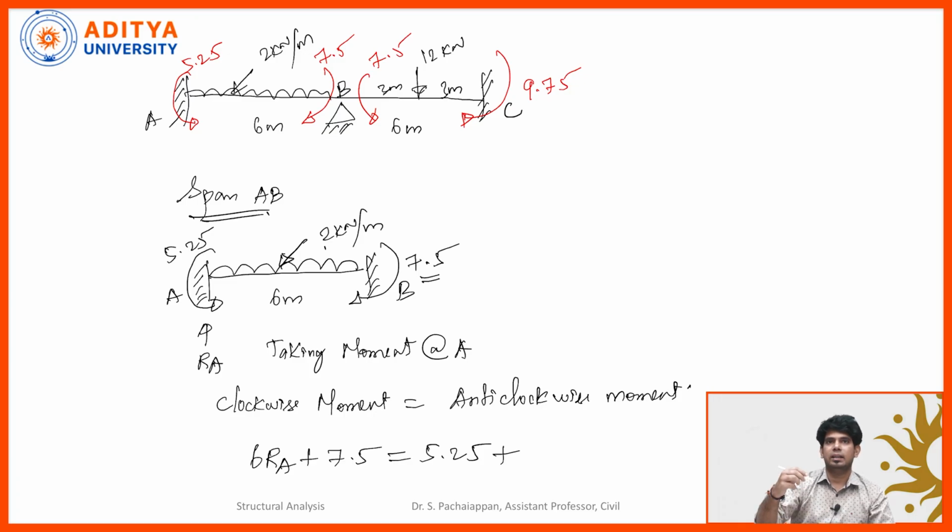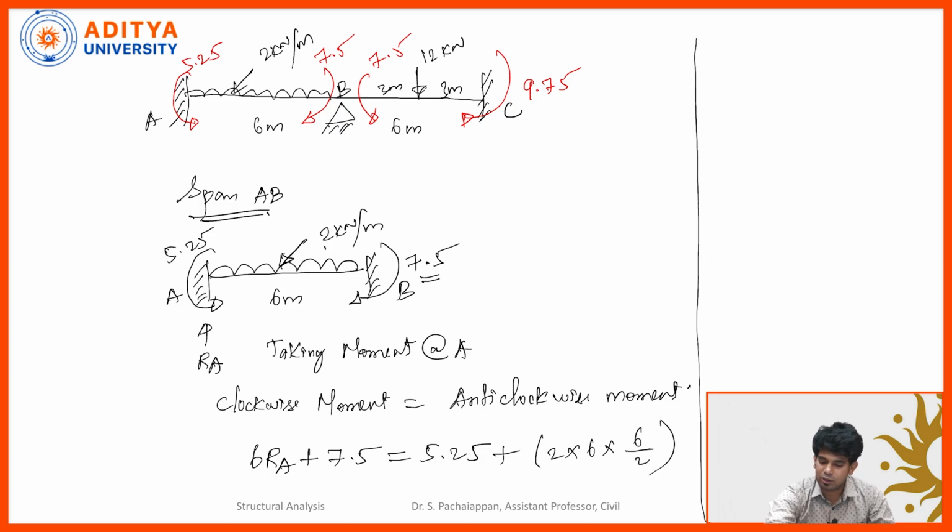This load of 2 kilonewton per meter multiplied by the perpendicular distance acts anti-clockwise. So 2 into 6 into 6 by 2, which is 3. By substituting these values, I get the value of RA as 5.625 kilonewton.